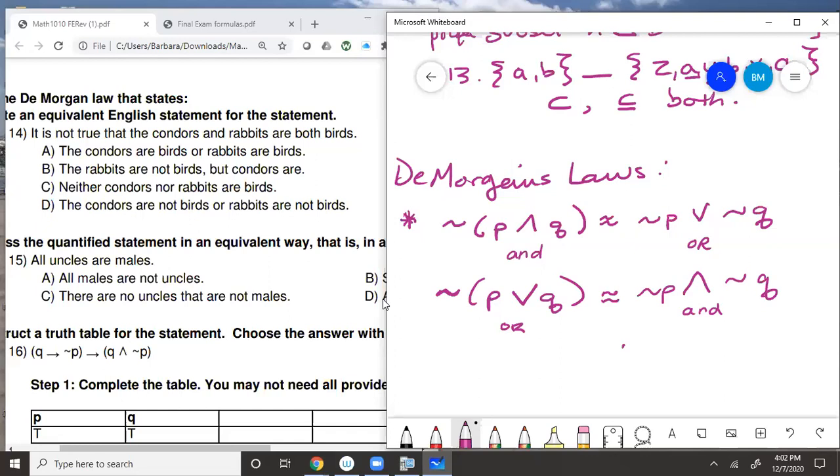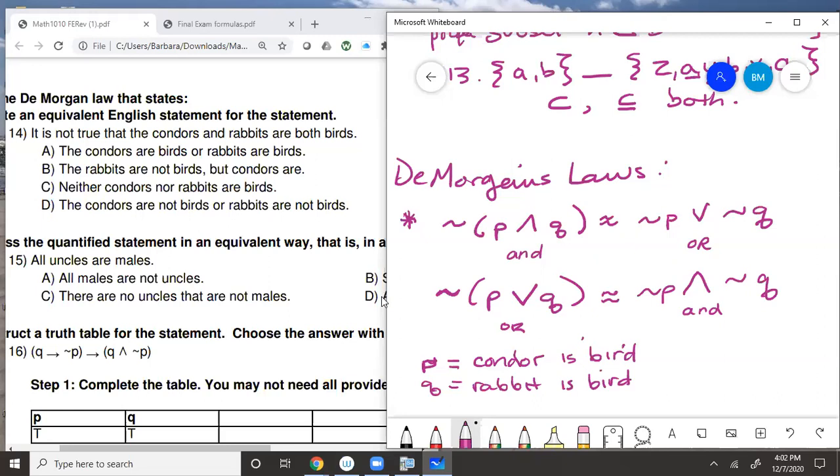It is not true that the condors, so let P be the condor is a bird, and let Q be that the rabbit is a bird, which is funny. This statement says it is not true the condors and rabbits are both birds. So P is the condor is a bird and Q is a rabbit is a bird.